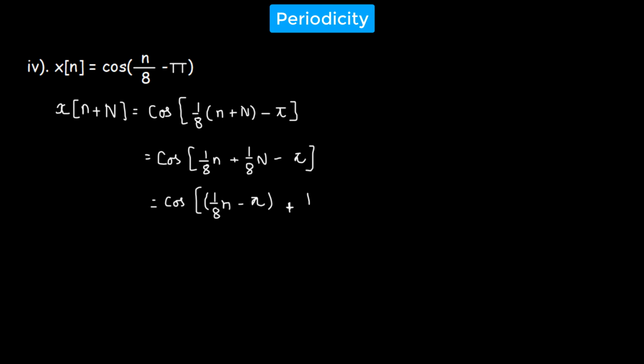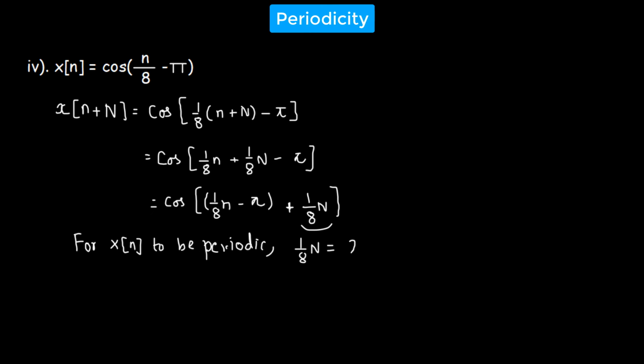plus 1 over 8 N. So for x of n to be periodic in nature, this value 1 over 8 times N must be some integer multiple of 2 pi m, where m is some integer. Now solving for N, we get 8 times 2, which is 16 pi m. There is no such value of m.